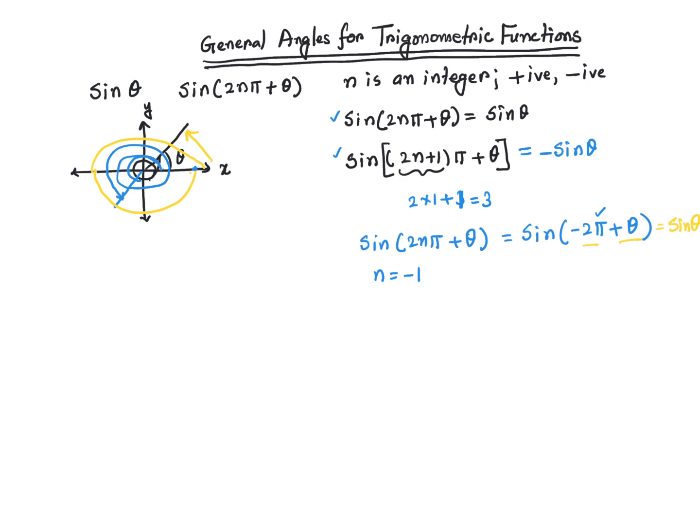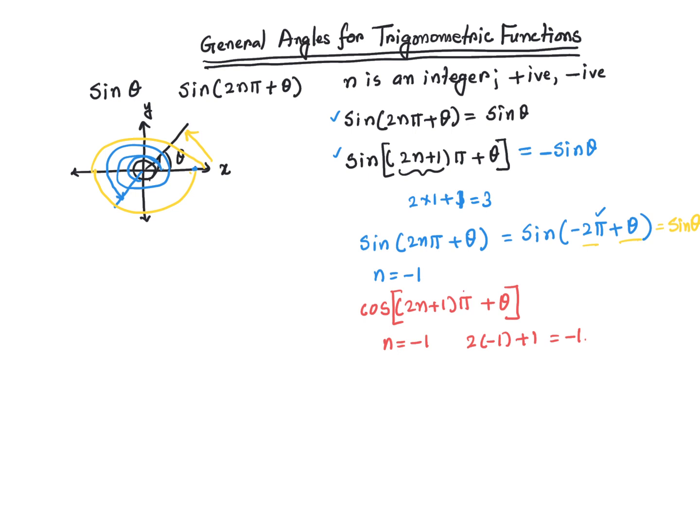Now, let me give you another example with negative numbers. Cosine of (2n plus 1) times pi plus theta. What is it going to be? Let's say my n is equal to negative 1. So it's going to be 2 times negative 1 plus 1, times pi, which is just negative 1 times pi, so negative pi.